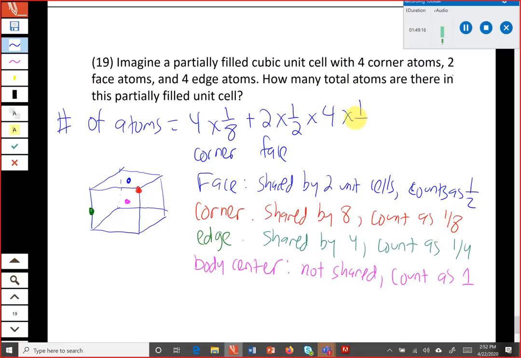They're shared by 4 unit cells. And so what we end up with is 2.5 atoms, which of course sounds weird to talk about half of an atom, but basically what it means is that some of the atoms are shared between 2 unit cells, so the ones that actually belong to this individual cell would be 2.5 of those atoms that are present on the unit cell boundaries.